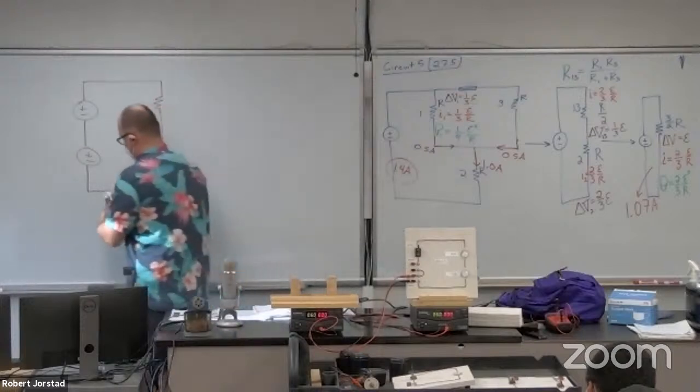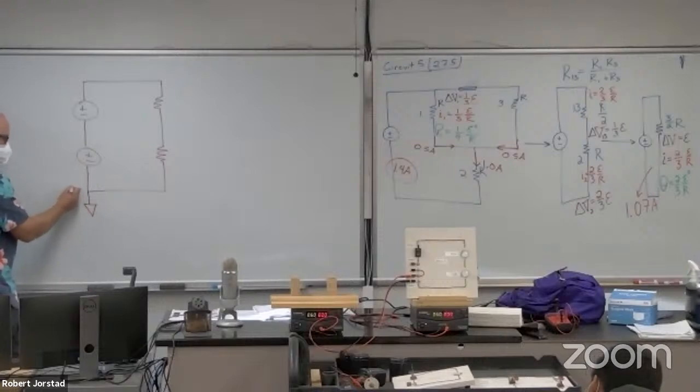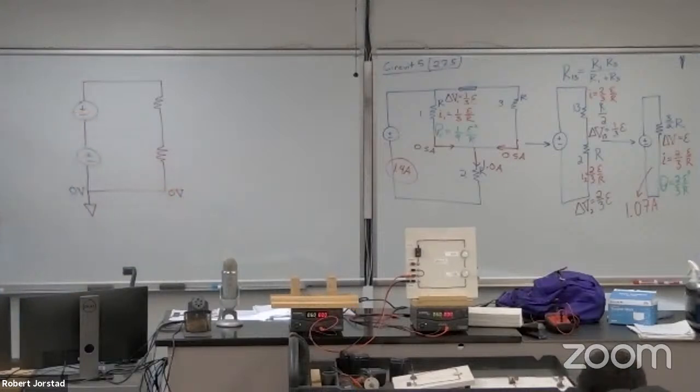Here's the deal. I plug this one in. This is ground. I'm going to go to numbers now. This means this spot in the circuit is at 0 volts everywhere across here. What is the change in voltage across this one? What is it? 6.0, right?